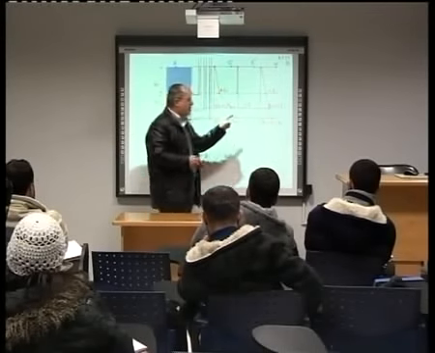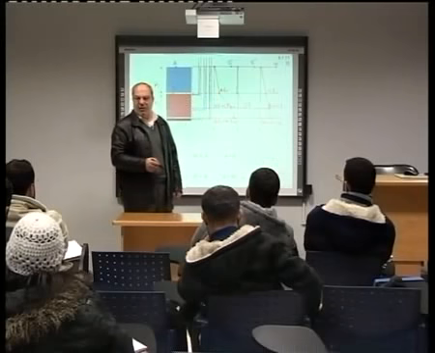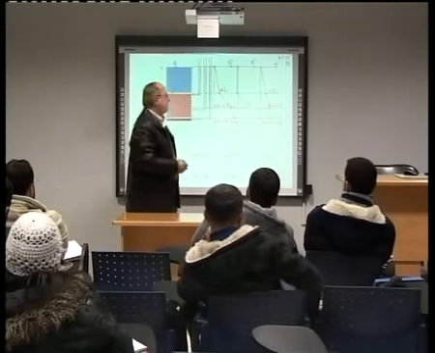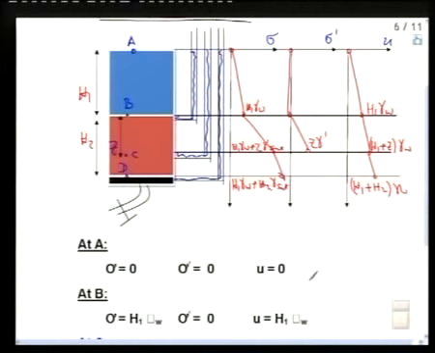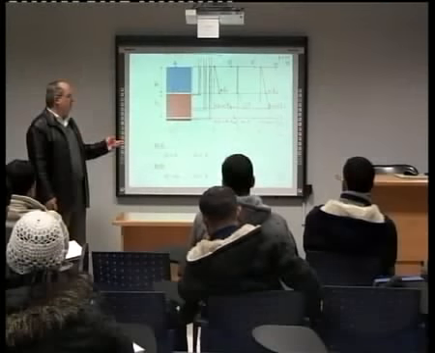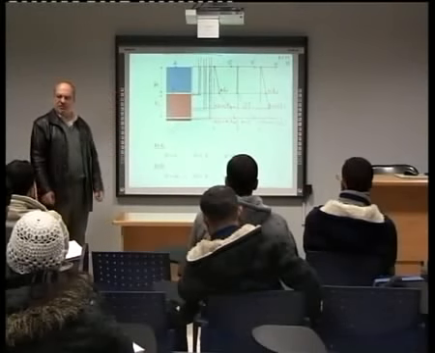Then it will be H2 gamma saturated minus gamma water, so it will be H2 gamma effective. You see? So I draw the pressure diagram that shows the stresses, total, effective, and pure water pressure due to this condition.